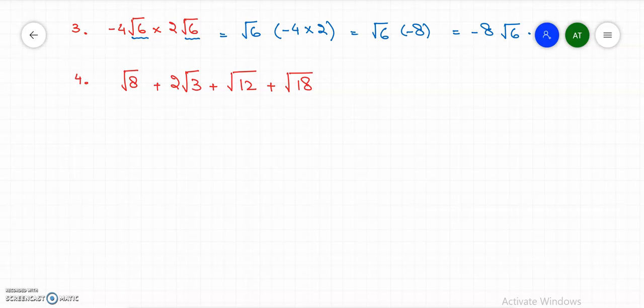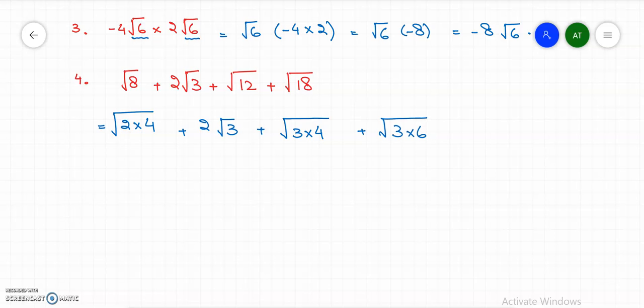So 8 is basically equal to 2 times 4, and 2 square root of 3 plus 12 is basically equal to 3 times 4, and 18 is 3 times 6, right?